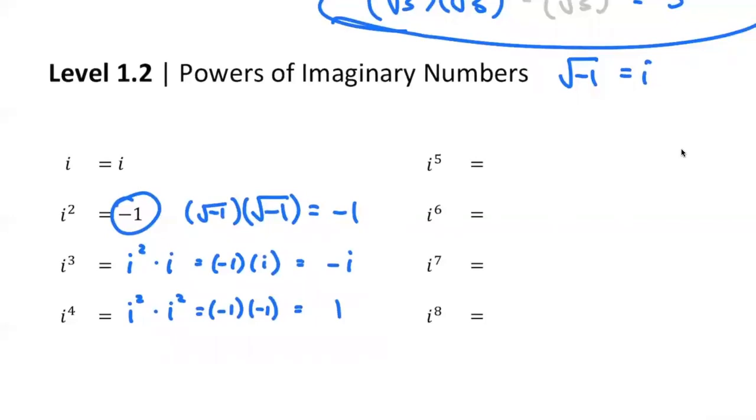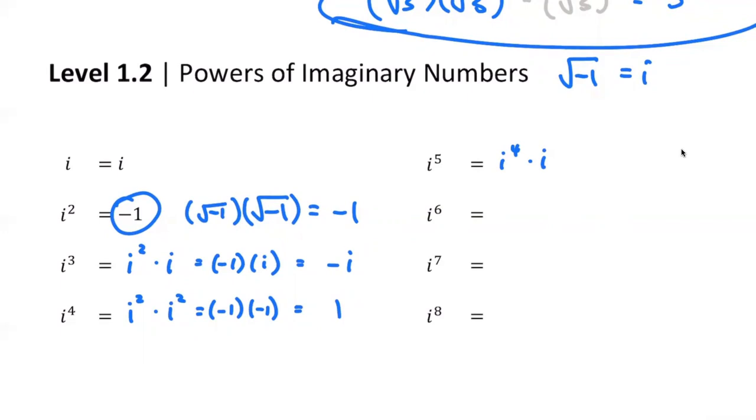Then we head on to i to the fifth power, and we say, hey, what's i to the fifth power? Oh yeah, that's easy. That's the same thing as i to the fourth power times i, right? Now you may wonder, hey, Miss Chan, why would you do i to the fourth times i? Can't you do something like i to the third power times i squared? Sure, you could do it.